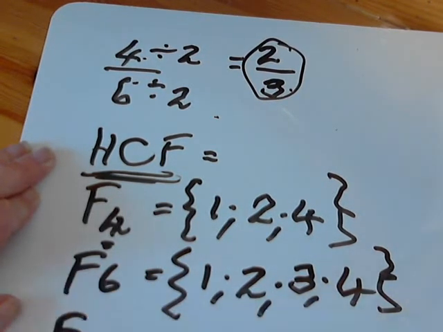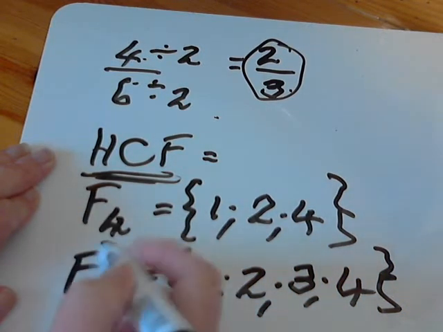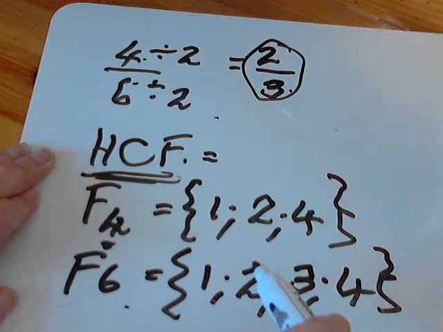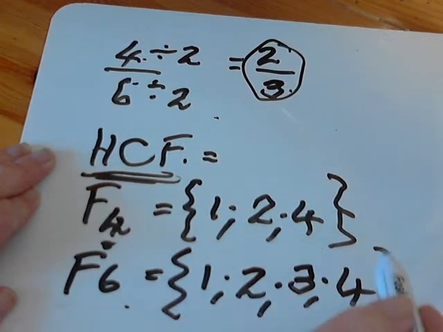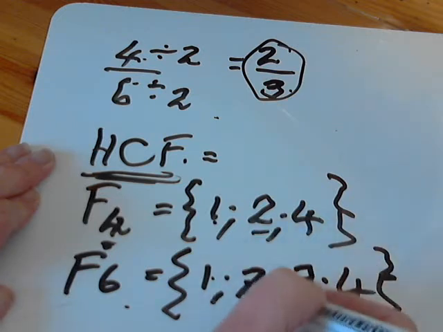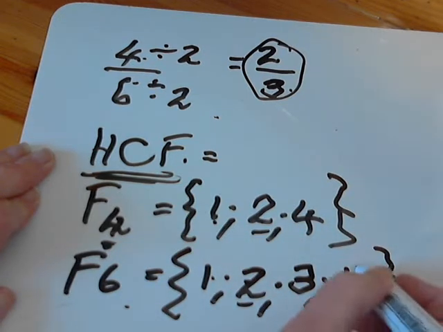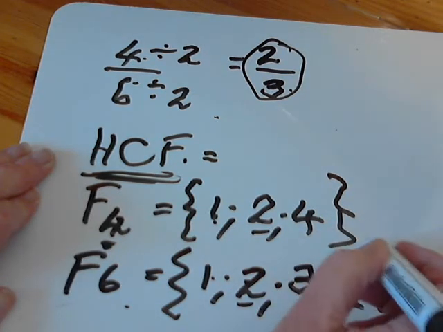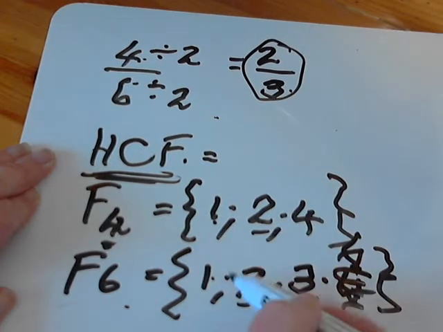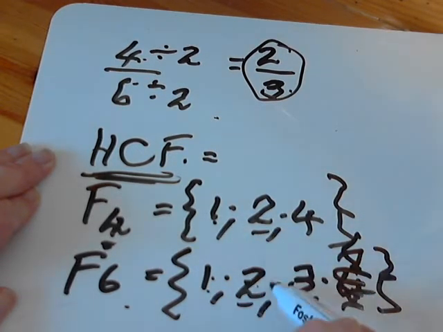Sorry, guys, I just want to erase this. If you have a look over here now, we've got factors of 4 and factors of 6. And they're asking, what is the HCF of this? In other words, what is the highest number that can go into both of these? 1 is not the highest. 2, yes. 4, no. 6, no. So we've got 1 can go in, 2 can go in, 4 can't, and 6 is on its own.